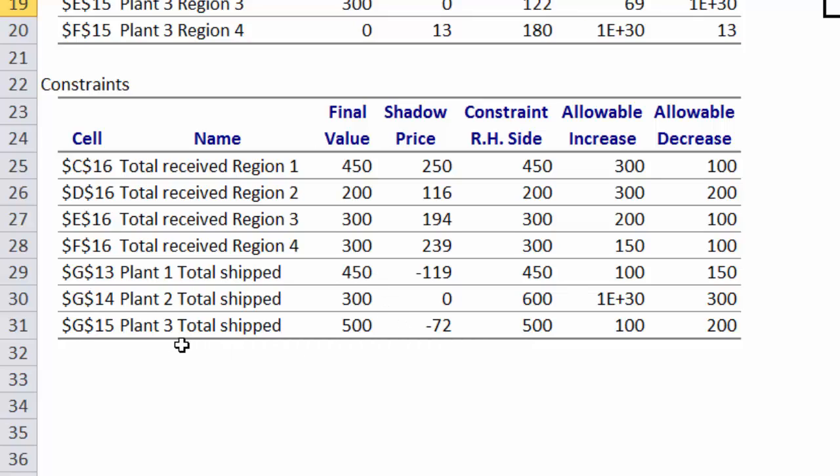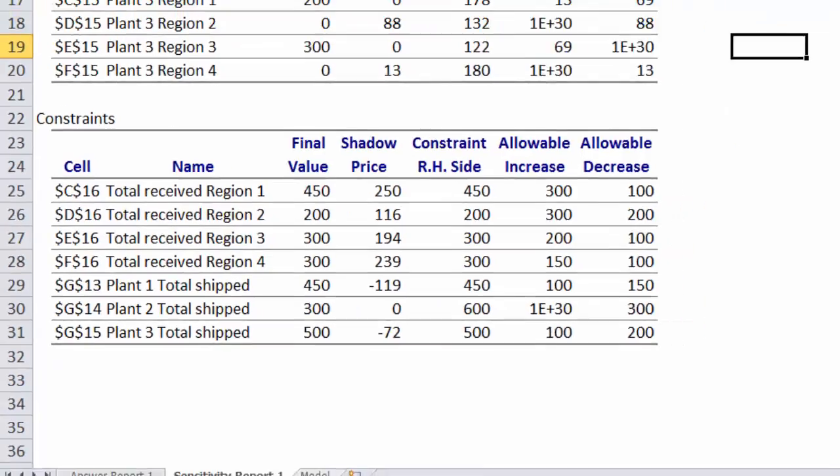And same for plant 3, if the capacity of plant 3 goes up by 1 unit, the total shipping cost for the entire problem will go down by $72. All of these shadow prices will be valid as long as the right hand side of the constraints changes within these allowed increase and allowed decrease limits. So that's our sensitivity analysis report.